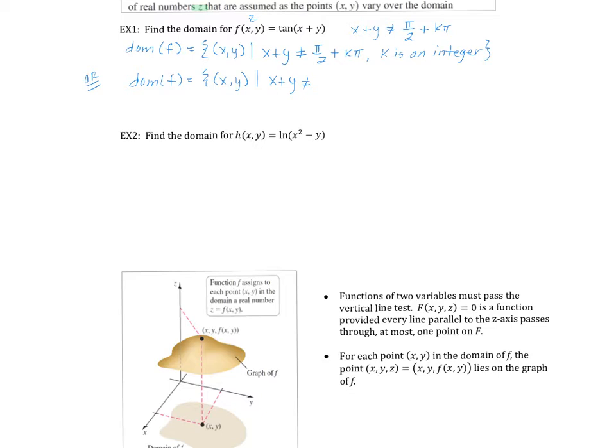But it's also undefined at negative pi over 2, negative 3 pi over 2. So it's undefined at k pi over 2, where k is an odd integer. And that's why it's important to describe the variables that you introduce. So this would be another way that I can describe the domain.